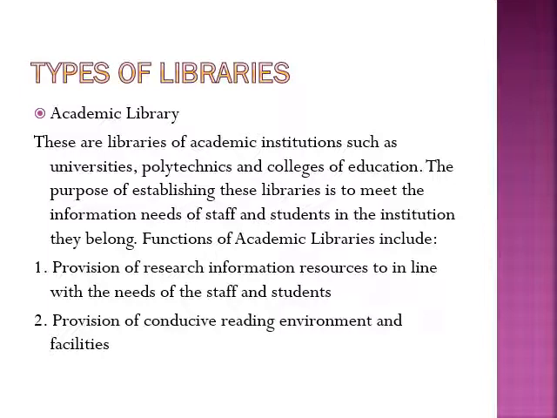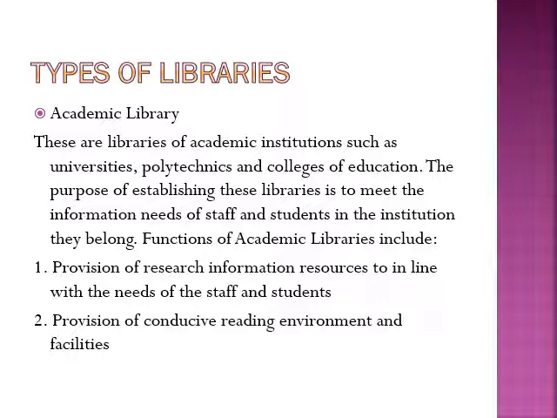So now, academic libraries. Academic libraries are those libraries that are located or situated in tertiary institutions, academic institutions, such as what? Such as universities, polytechnics, and colleges of education.